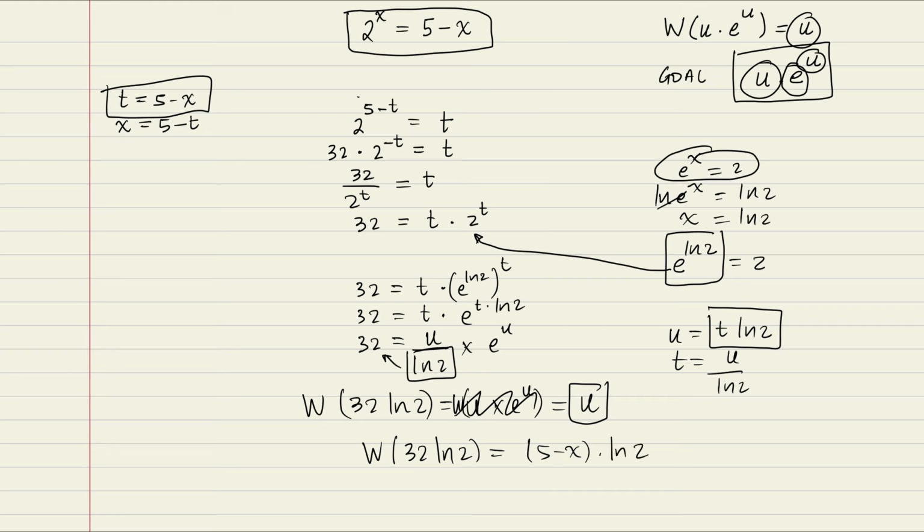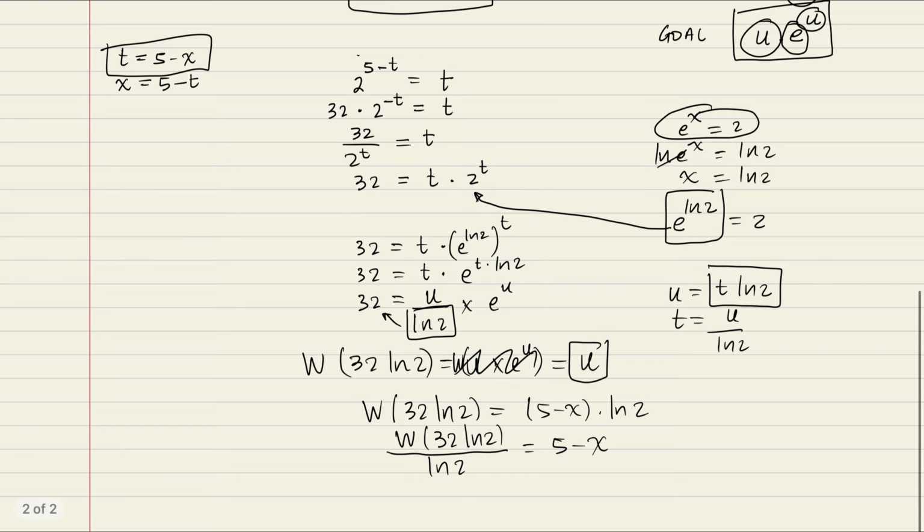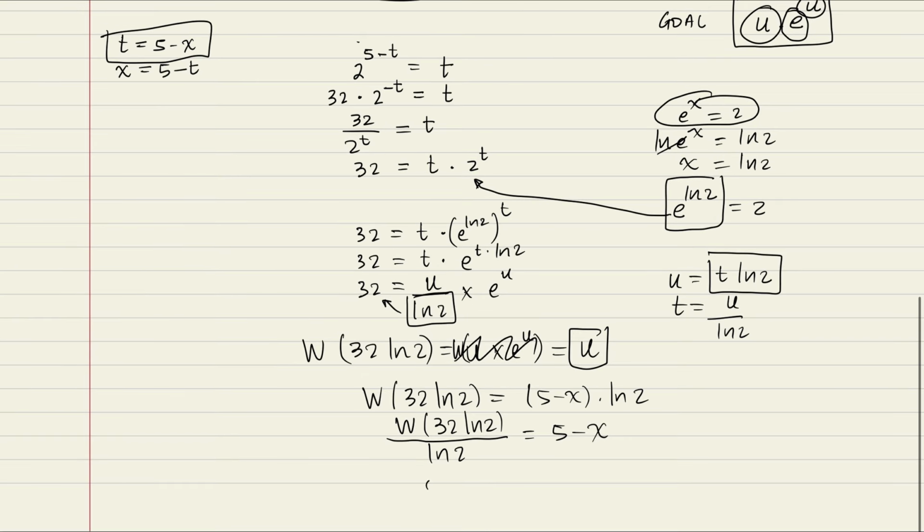And now I want to isolate x so I can solve for x. So we'll divide both sides by ln of 2. So W of 32 ln of 2 divided by ln of 2 is equal to 5 minus x. Now do some rearranging. We are going to get that x is going to equal 5 minus W of 32 ln of 2 divided by ln of 2.